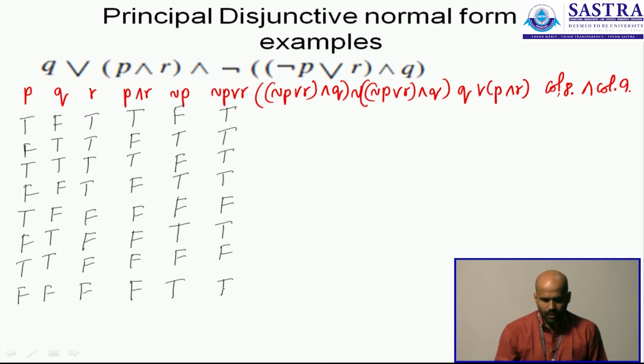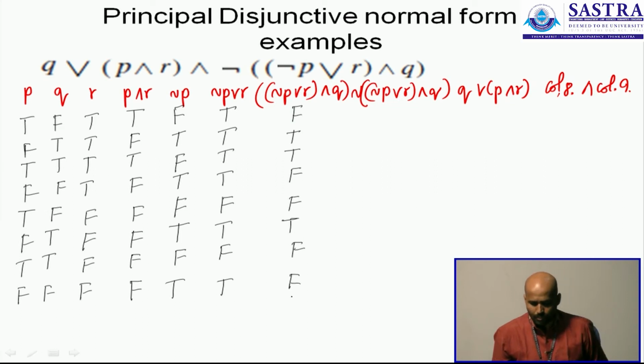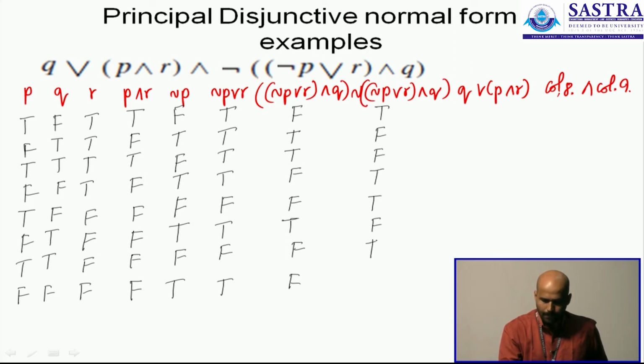Okay, let's do a conjunction between columns 2 and 6. Three of them are true. Let's negate whatever we did so far. Three, 6 and 8.